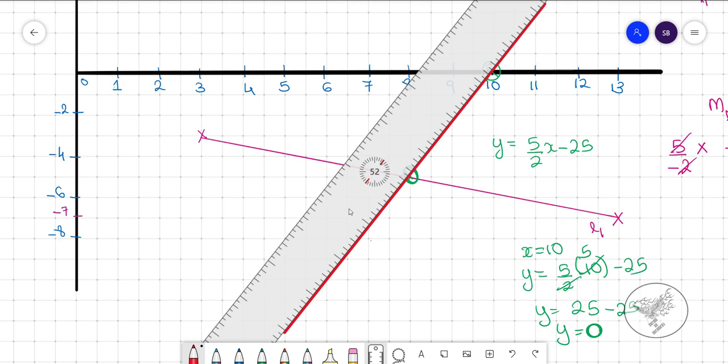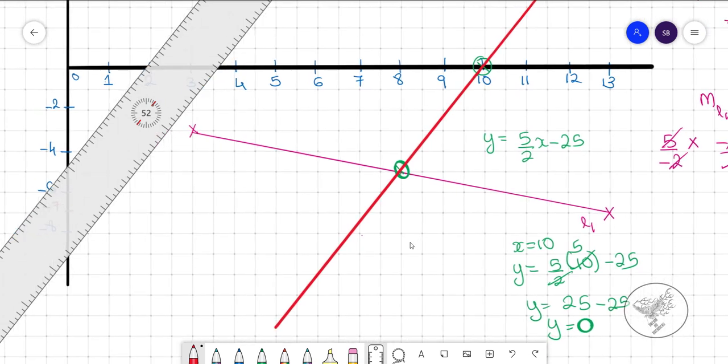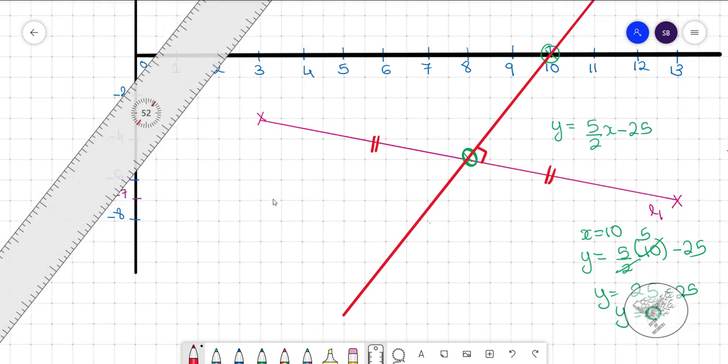So this is the perpendicular bisector for this line. This is how it looks, and this is 90 degrees. This and this parts would be equal.